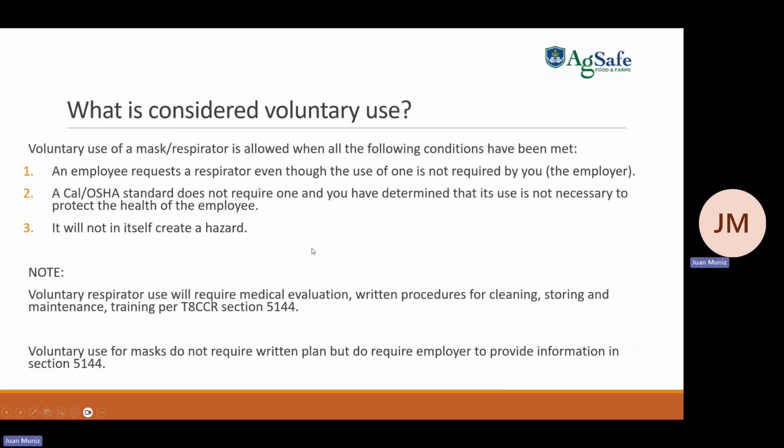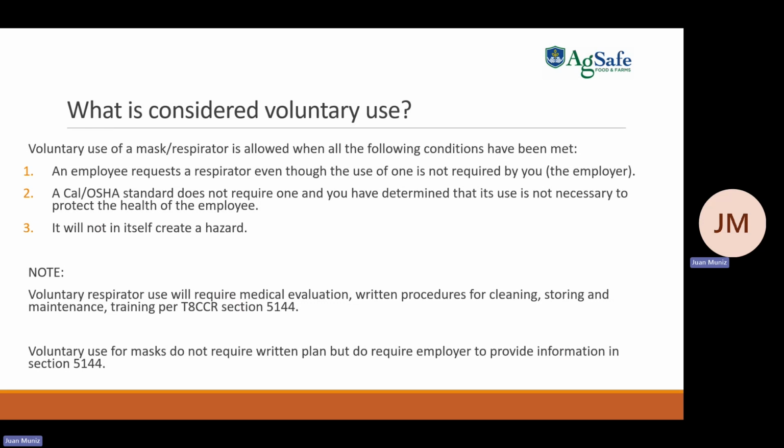What is considered voluntary use? Voluntary use of a mask or respirator is allowed when all the following conditions have been met. One, an employee requests a respirator even though the use of one is not required by the employer. That means there was no regulatory requirement, no exposure to hazards that triggered the employer having to provide one, but the employee requests one anyway, so that would be voluntary.